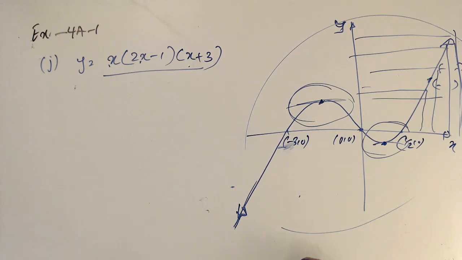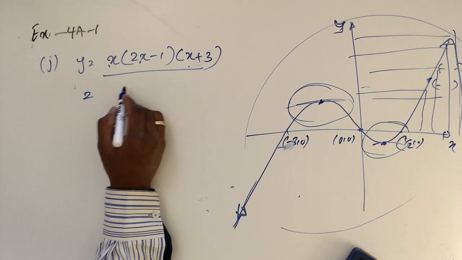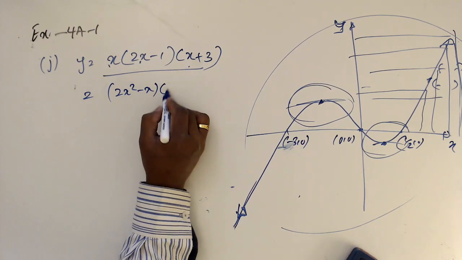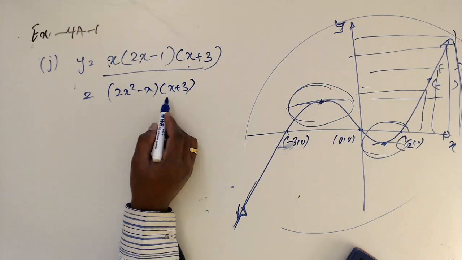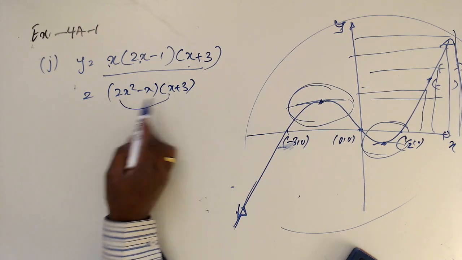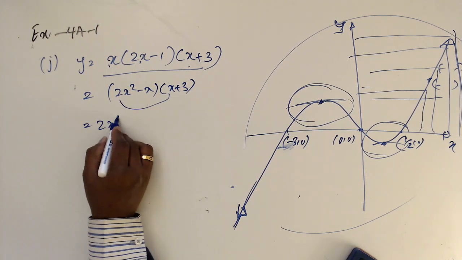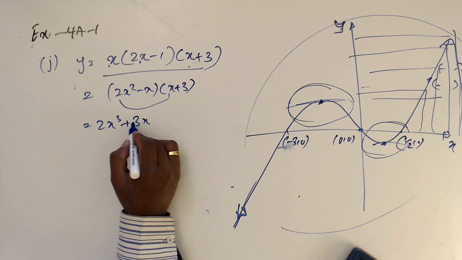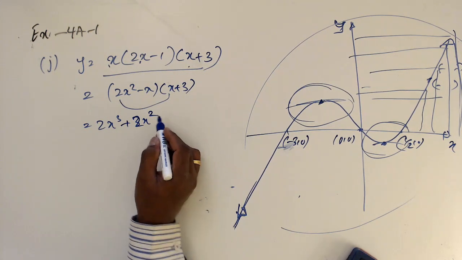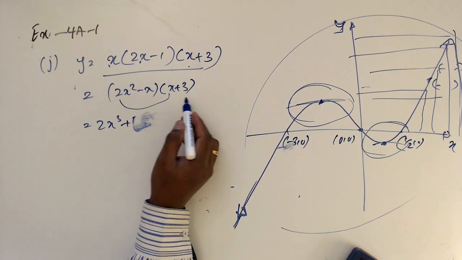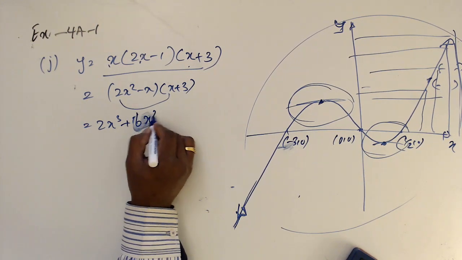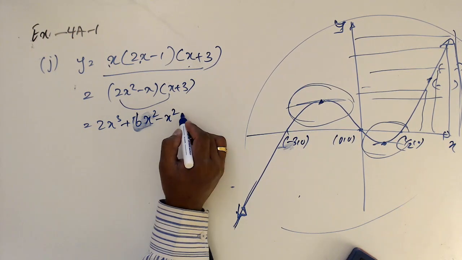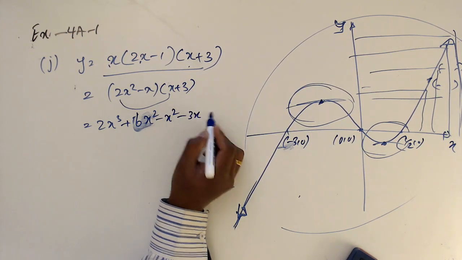For fun, we'll work this out. This is going to be (2x squared minus x) times (x plus 3). Then 2x cubed plus 6x squared minus x squared minus 3x.